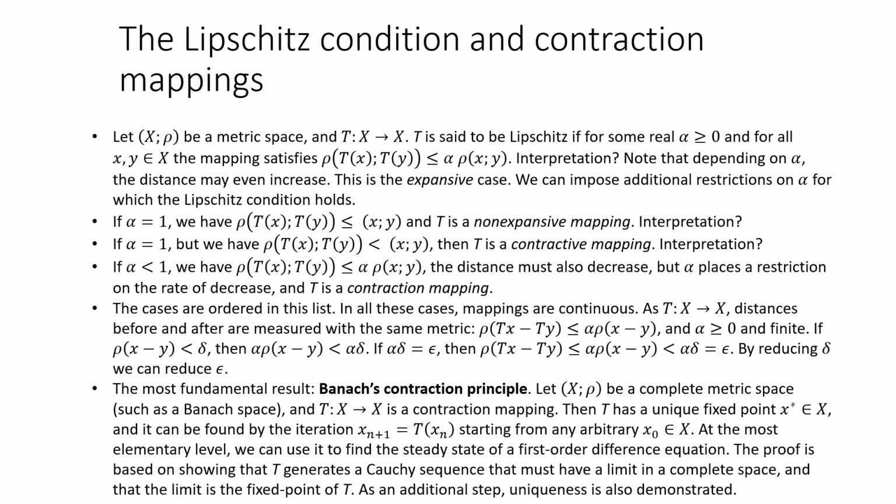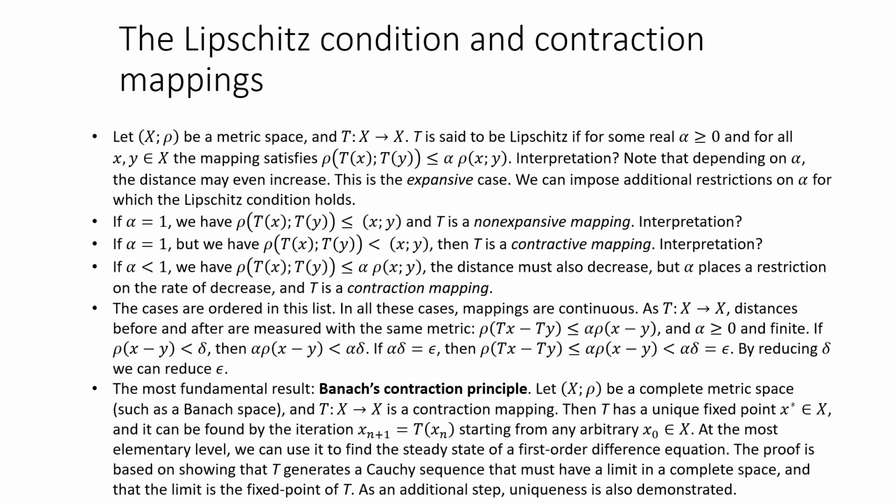In the next step, we require strict inequality, but alpha is still 1. This is a contractive mapping, by which we mean that the distance is decreasing. So by applying the mapping in successive steps, the distance must be decreasing.